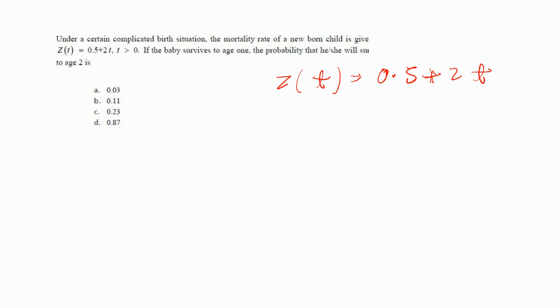So what is the reliability parameter? That means how much a machine is reliable. Now here it depends on the age basically. So reliability R of t is basically e to the power minus the integral from 0 to t of Z of t.